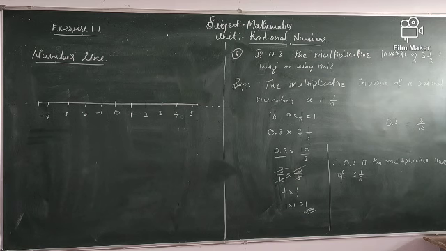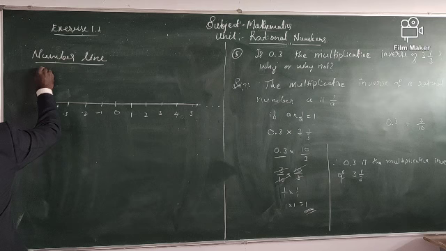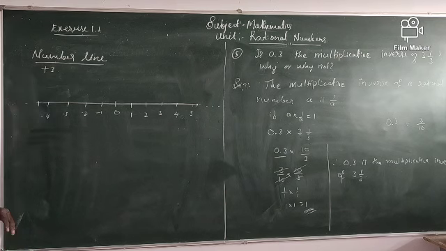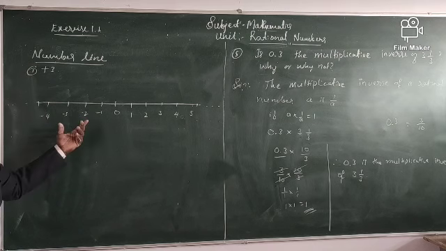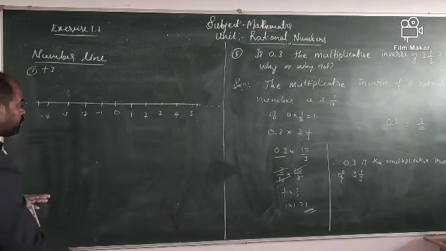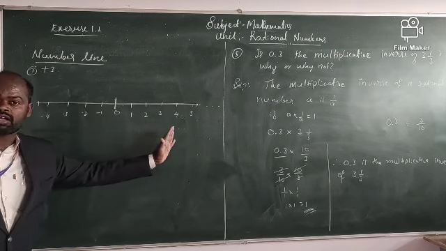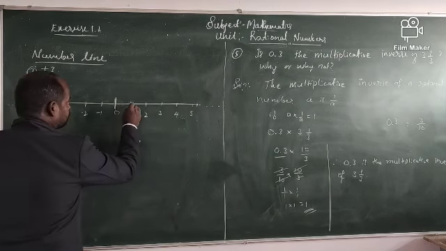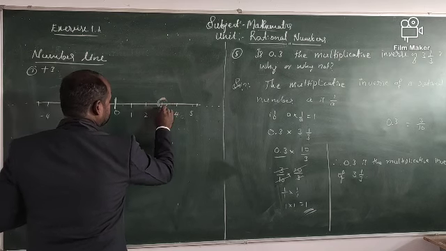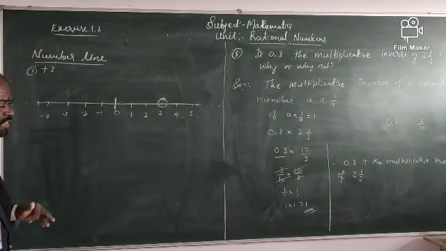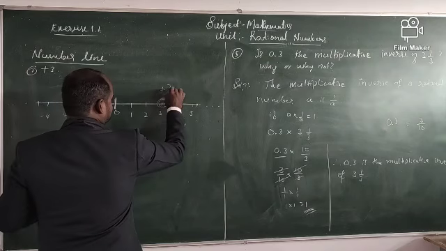If they ask to represent plus 3 on the number line, this is an example. We know that to the right of 0 all numbers are positive: 1, 2, 3. This is plus 3.